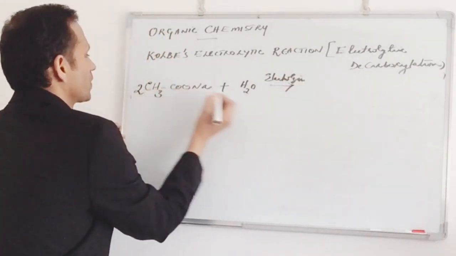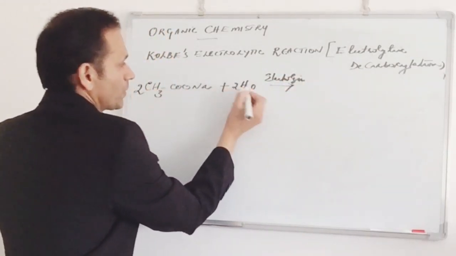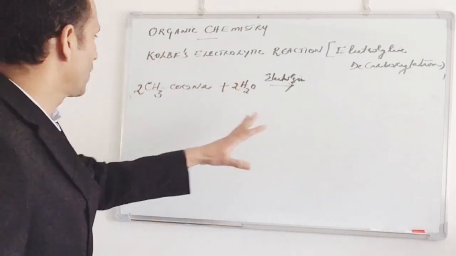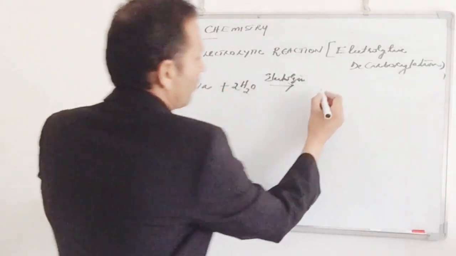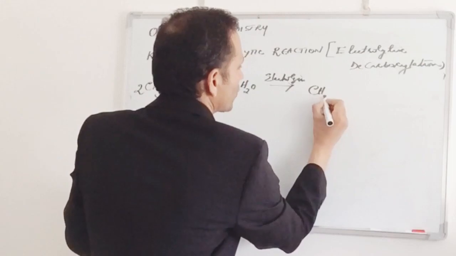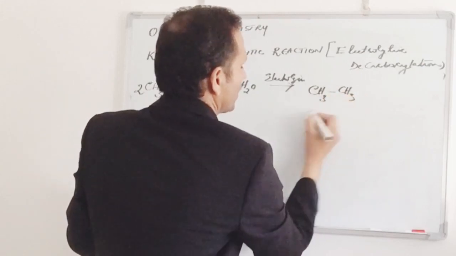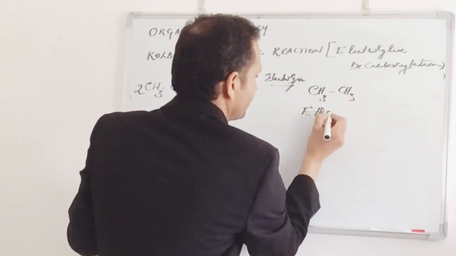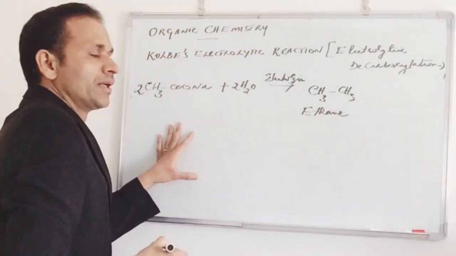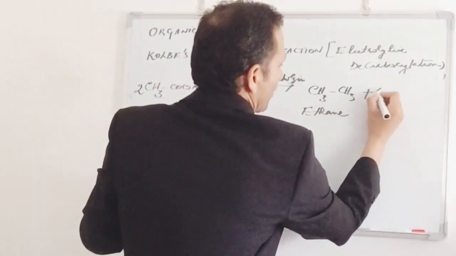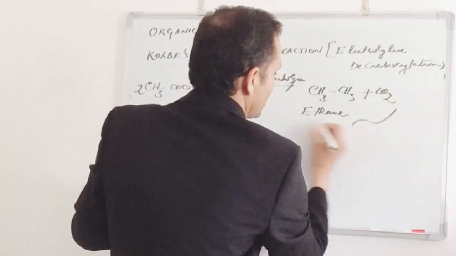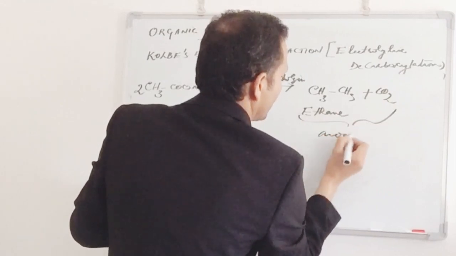So 2 molecules of sodium acetate and 2 molecules of water undergo electrolysis. What happens here is we will have CH3CH3, which is called ethane, and carbon dioxide gas, formed at the anode.